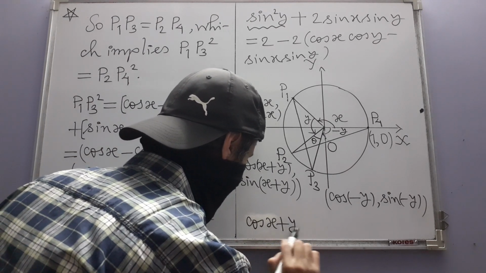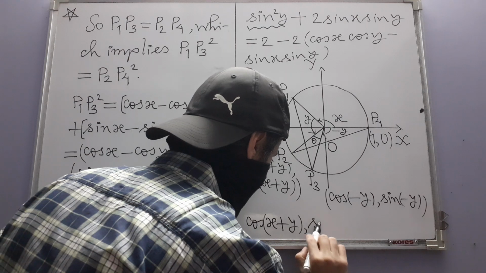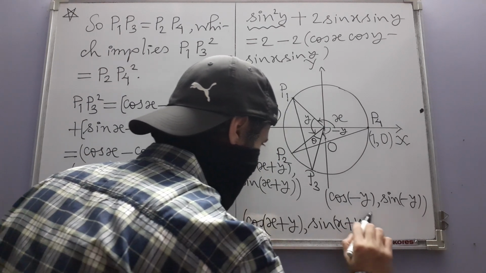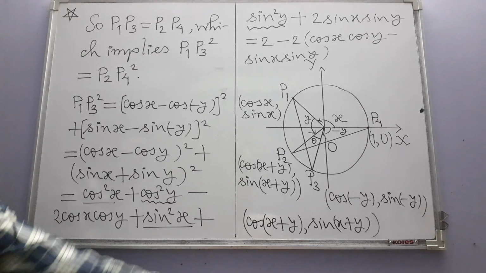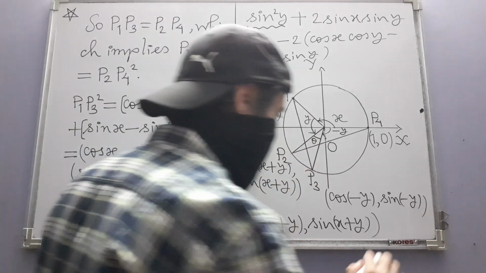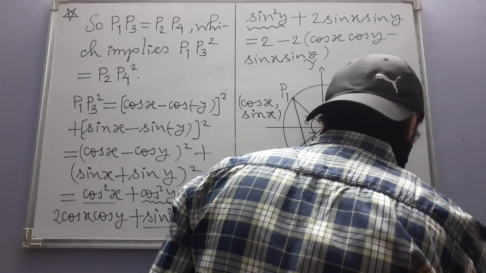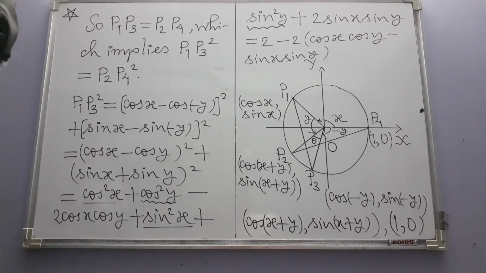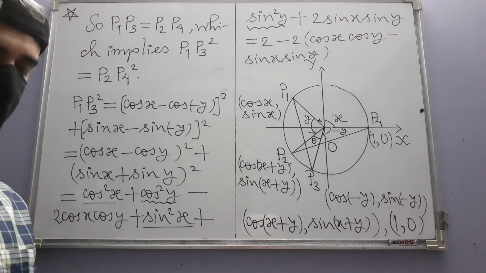Cos x plus y, comma, sin x plus y. So these are the coordinates of P2, and the coordinates of P4 are 1 and 0. So now we can calculate P2, P4 square.